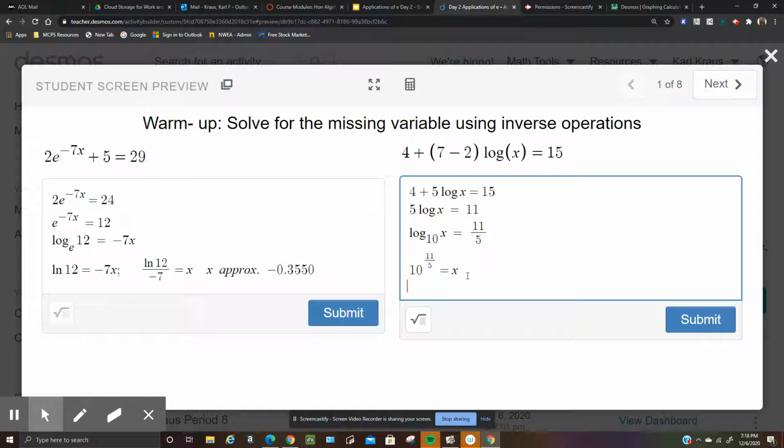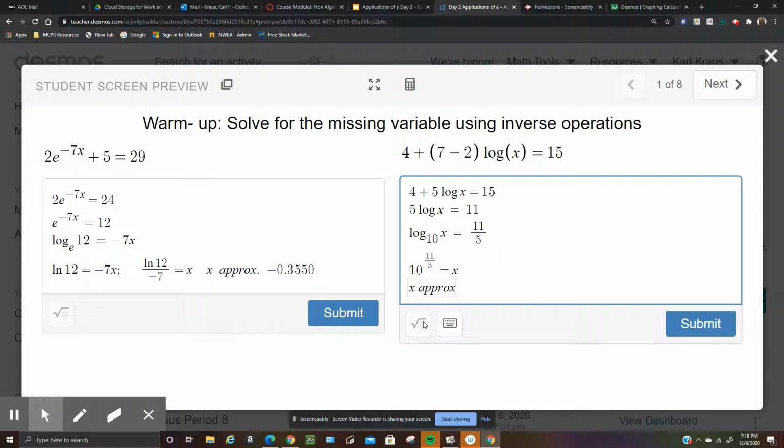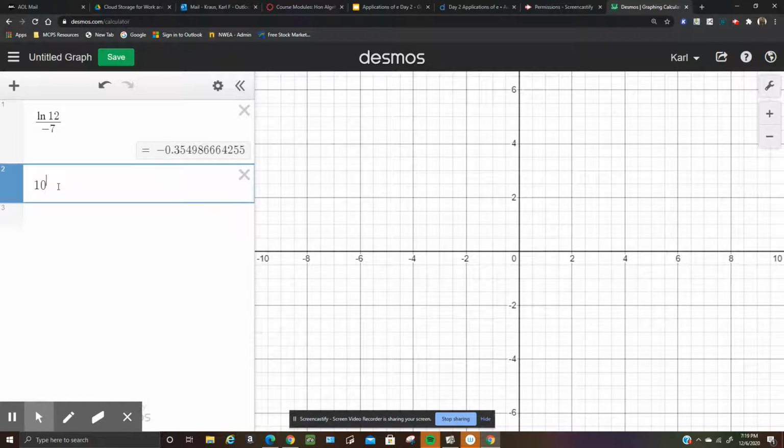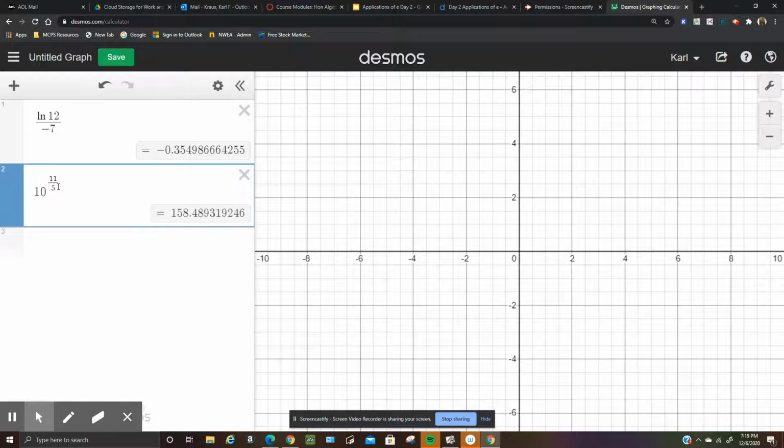So x is approximately, on my Desmos calculator, 10 exponent 11/5 is 158.49.